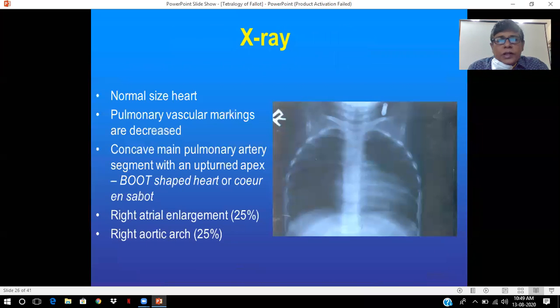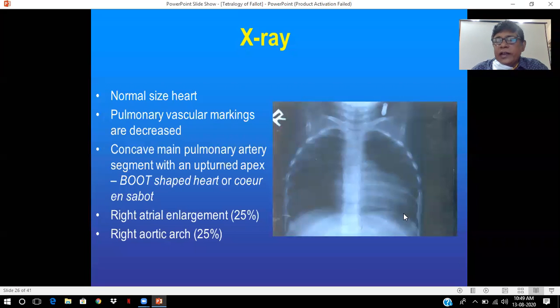Now, the most important investigation is chest X-ray. Two findings you have to remember. This is a boot-shaped heart, a coeur en sabot appearance, where there is a narrow pulmonary base, and right ventricular hypertrophy causes lifting of the apex, a rounded apex.